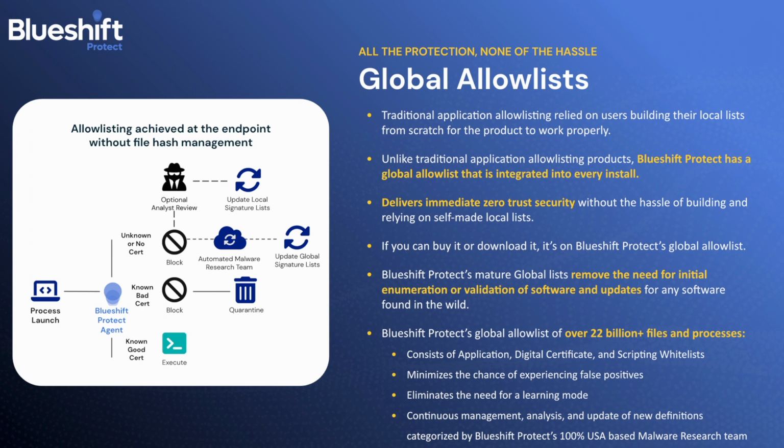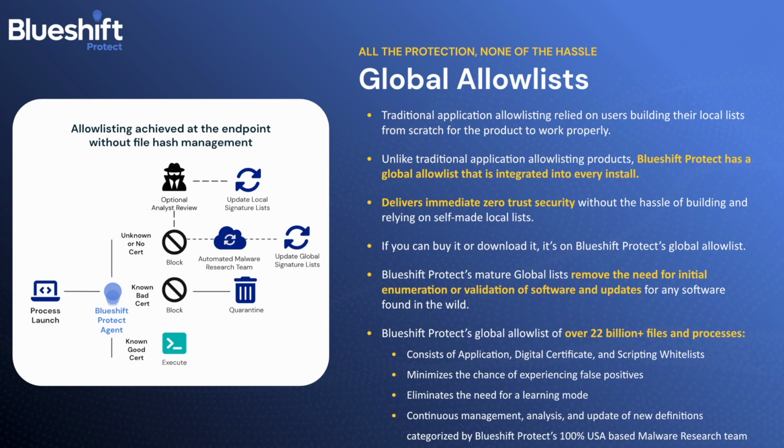So to combat that, we have a global allow list, which is software that we've categorized and collected and know that it's good, whether through applications or digital certificates or things like that. So this eliminates the need for the learning mode. We already know about, again, over 22 billion approved applications that are already on our list.